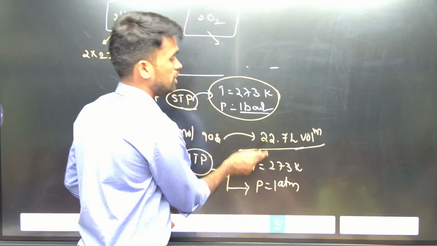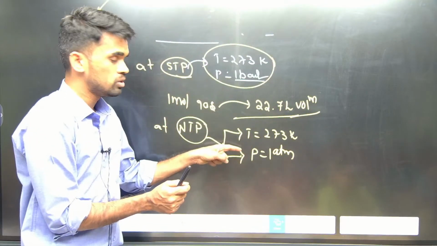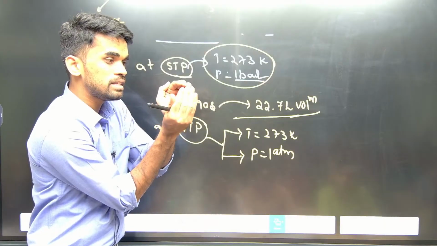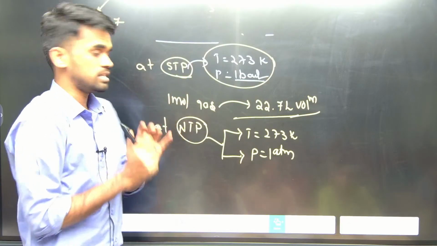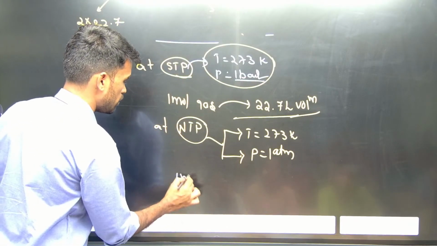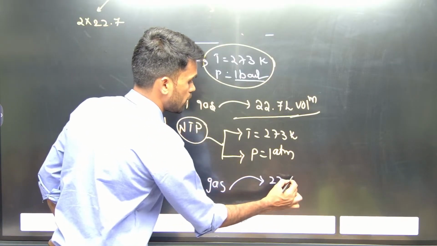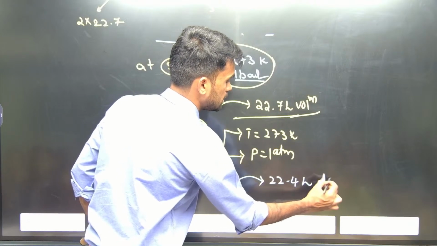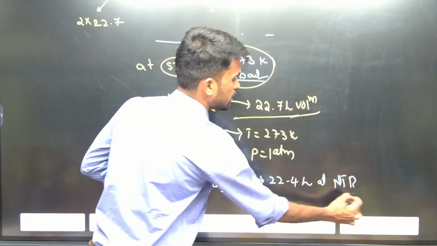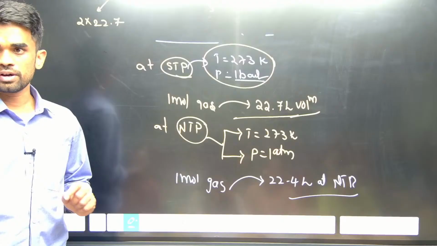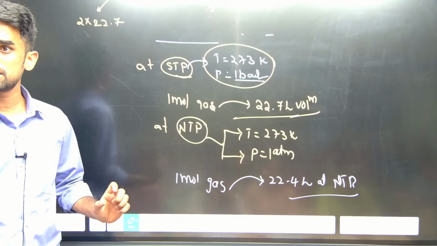So if we change any of these values, the volume occupied by the gas particles also changes. It means 1 mole of any gas occupies 22.4 liters at this NTP condition. Is this clear, everyone? Will you remember this? Yes.